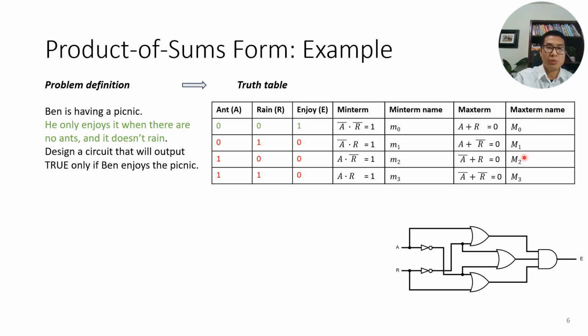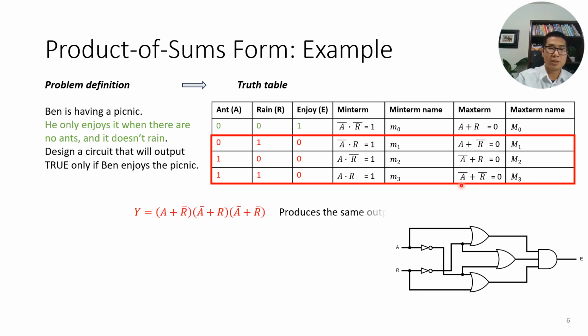The rule is we're going to find all the max terms where the output equals 0. So here are all the outputs that equal 0, and their max terms are M1, M2, M3. These are the max terms, and we need to product them.